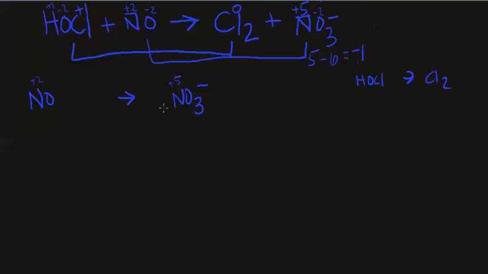Electrons are negative, so this is going to bring this side down. We need to bring our reactant side down to +2. So we're going to add 3 electrons, because 5 plus -3 gives us a +2. That'll be the same as this. So now we have balanced the oxidation numbers.